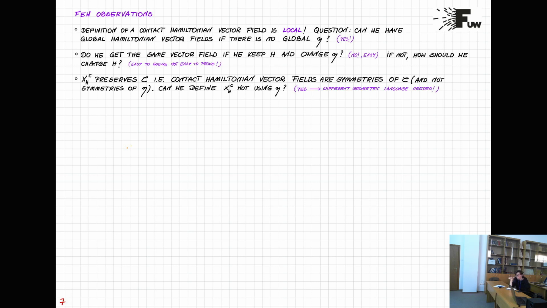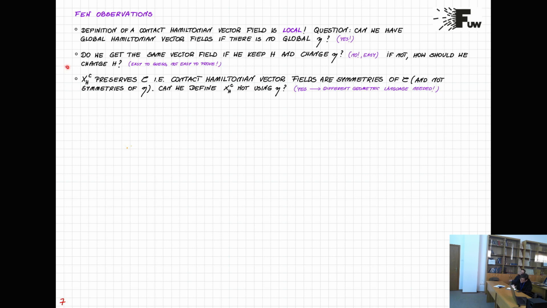If we want to keep the Hamiltonian vector field fixed, then we also have to change the Hamiltonian, and it appears that we have to multiply it by the same function, which is quite easy to guess, but not that easy to prove. It is a piece of calculation that you would probably want to delegate to your students rather than do it yourself, but it is doable.